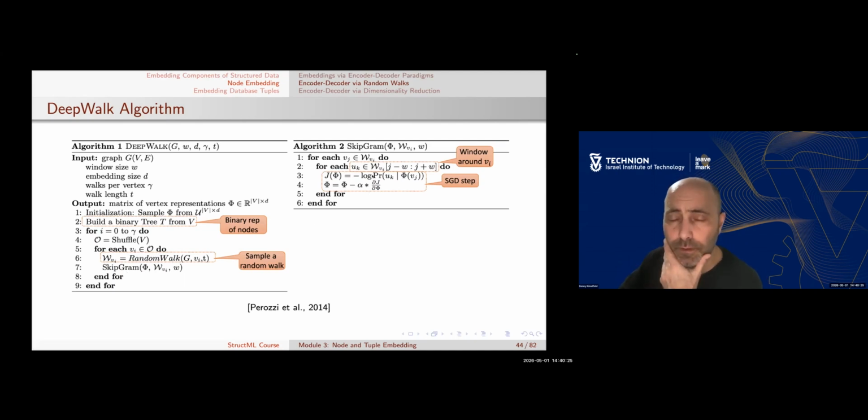In it, they look at the nodes of the random walks, and for each node U that we encounter, we apply a gradient descent step. We have the probability of UK given the embedding of VJ, and we compute the gradient and apply an SGD step. So this is the idea.